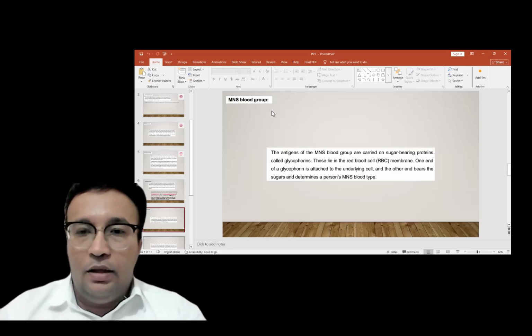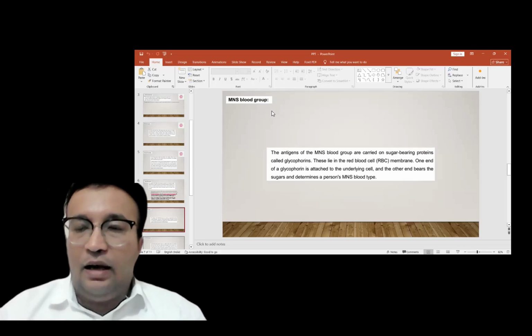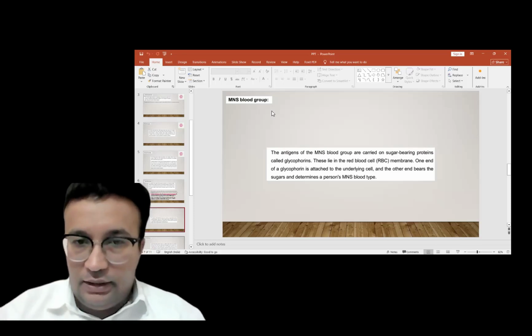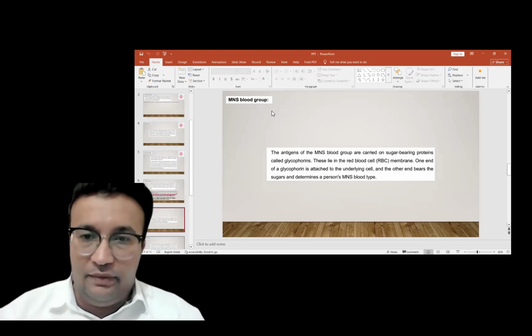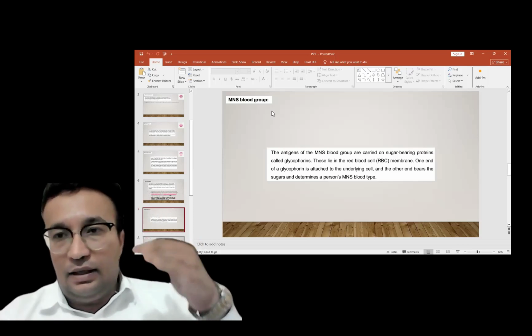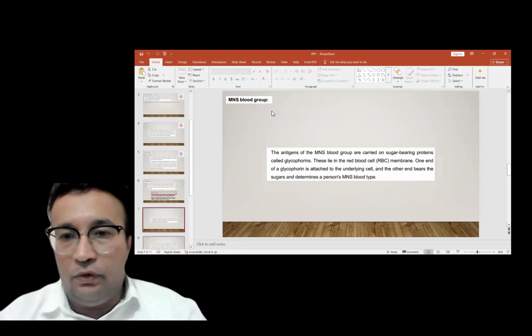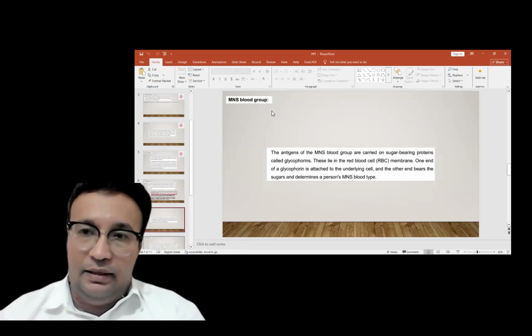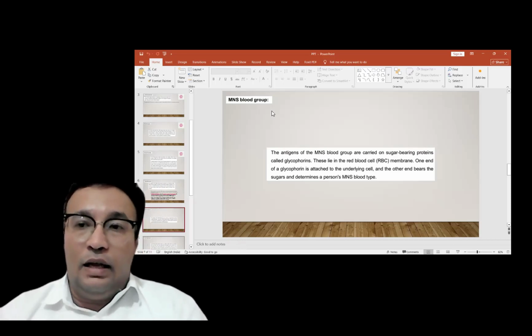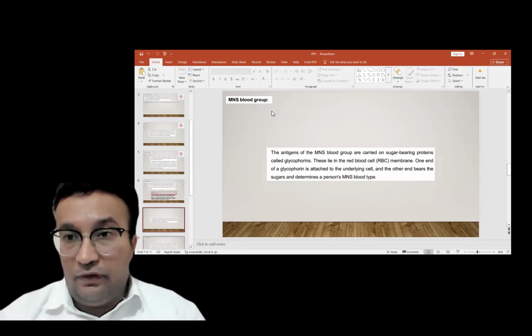Okay. So glycophorin is divided into two portions, one of which is connected with the RBC membrane, and the other portion of glycophorin is connected with sugar. And this is how MNS antigens are formed.